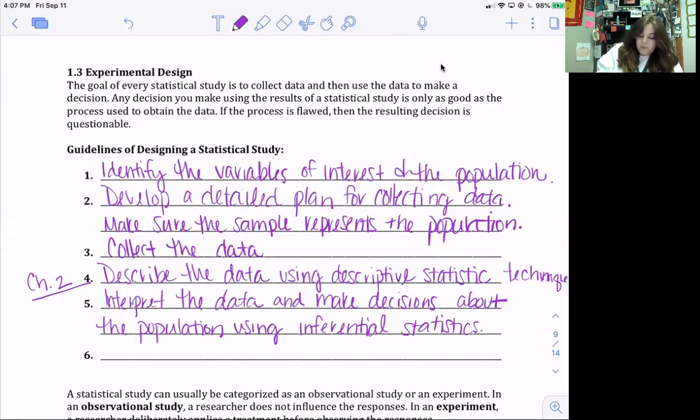And then lastly, we want to identify any possible errors or bias.